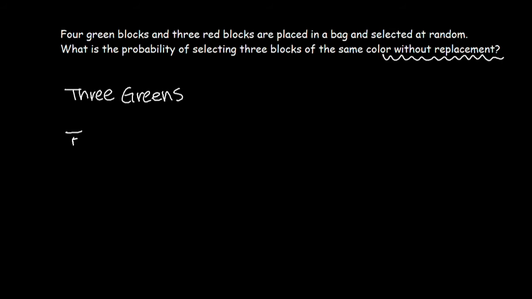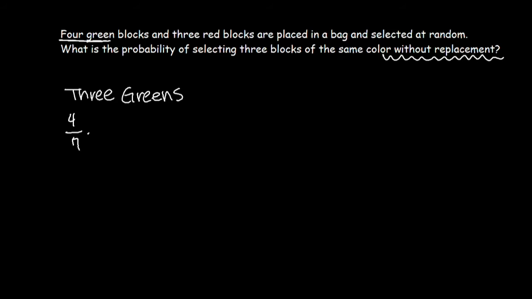So out of the 7 blocks, what is the probability for you to choose a green block? 4, because you start off with 4 green blocks here. So 4 over 7 times, well, you're not going to be replacing the green that you pull out of the first try.